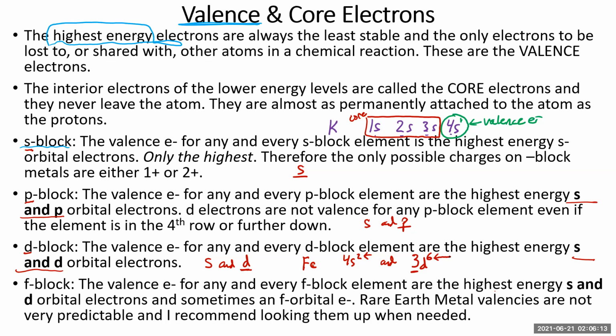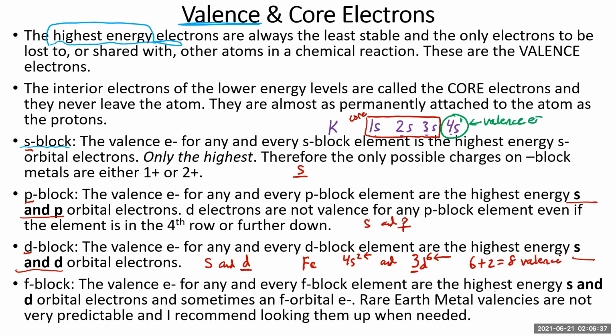If you count the number of electrons from scandium, titanium, vanadium, chromium, manganese, and then finally iron, when you count the number of d orbitals or boxes in the d block to iron, you'll see that you have 6 electrons. So it's 6 plus 2 equals 8 valence electrons.